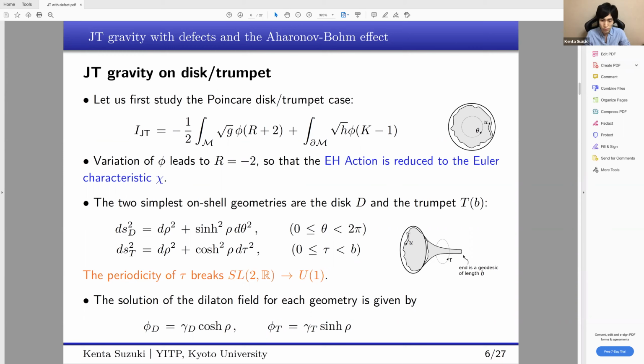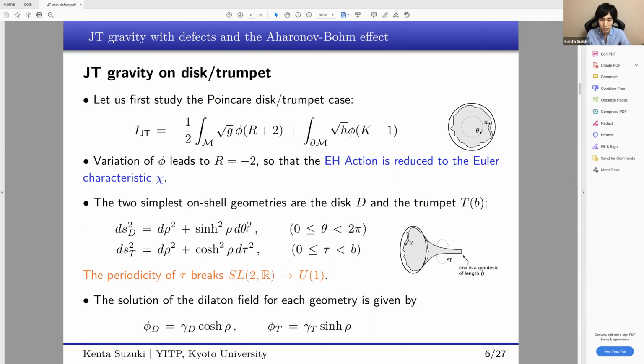So for these two geometries, we can take the metric in these forms, and the corresponding dilaton solutions are given by these cosh or sinh forms. So this gamma is a constant factor, which remains arbitrary at this point.